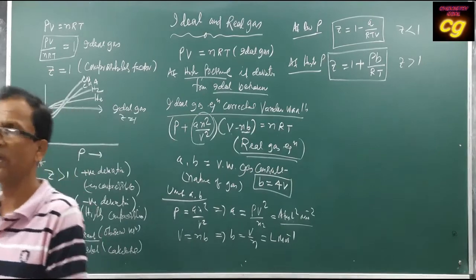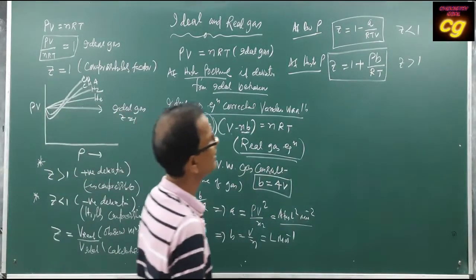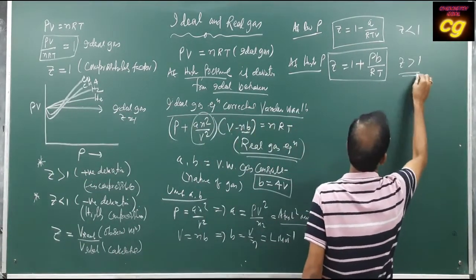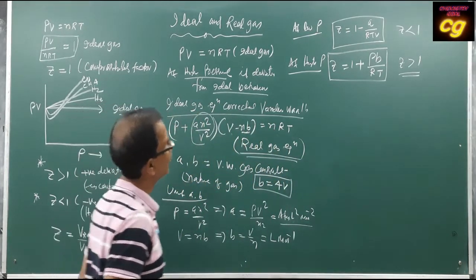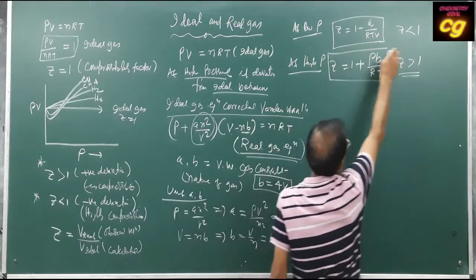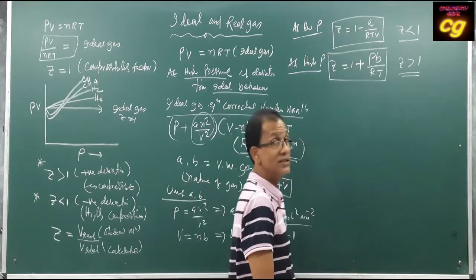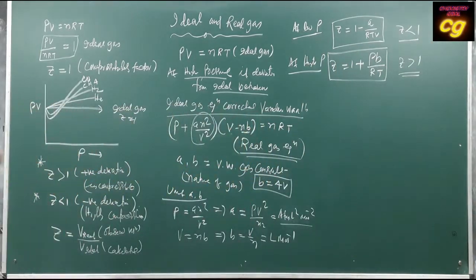When pressure is very high, the Z value will be greater than 1. Greater than 1 means positive deviation. When pressure is low, Z is less than 1, that means negative deviation. So these are some important relations regarding low pressure and high pressure.